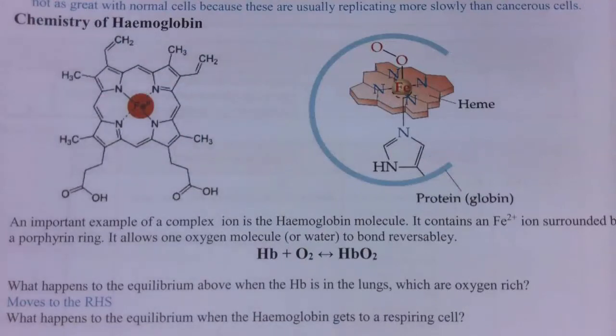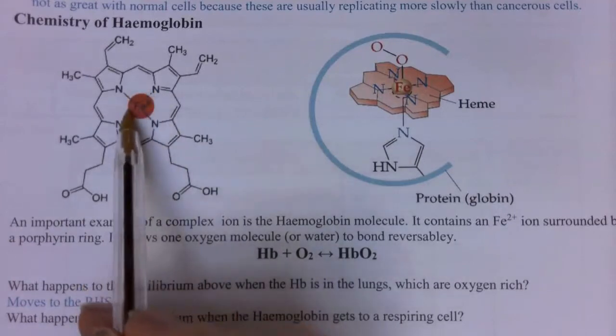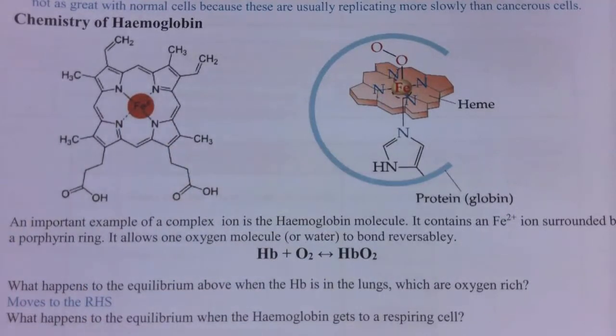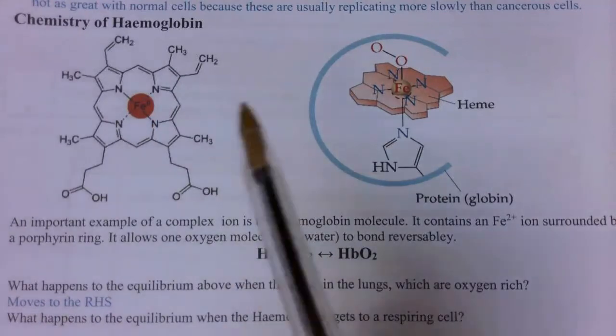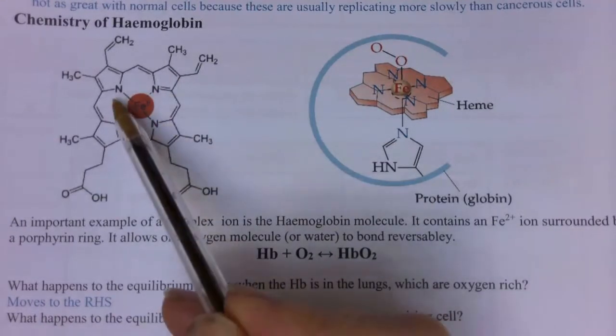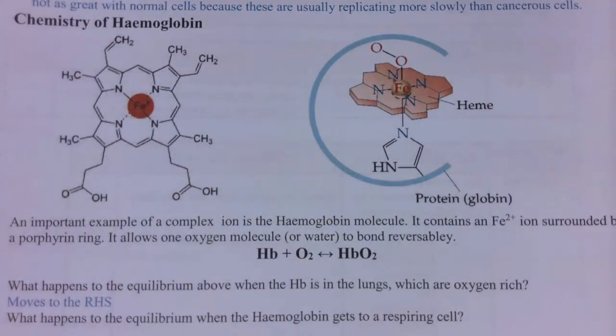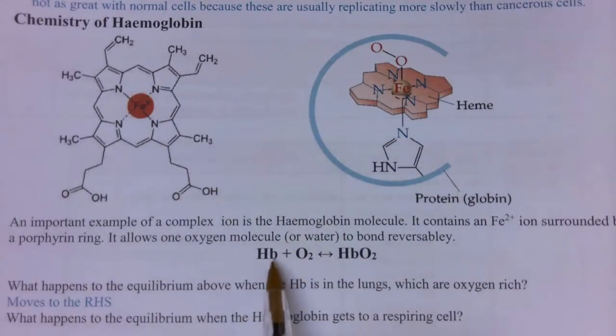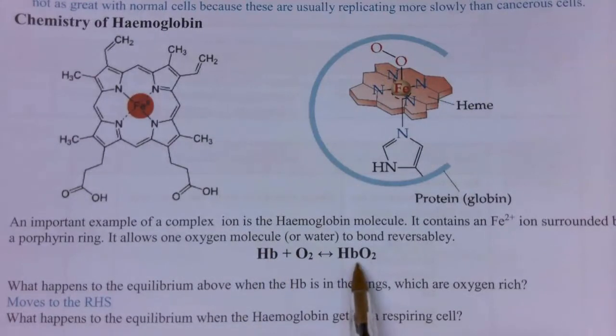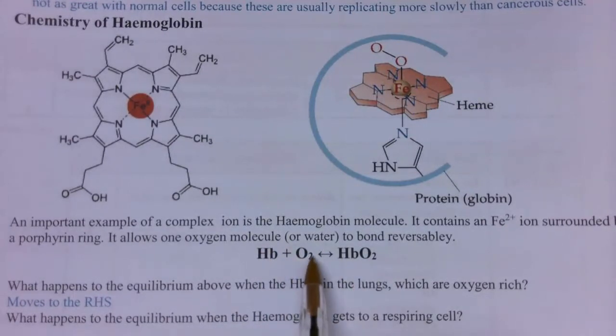The last complex ion we're going to have a look at is hemoglobin. And this is the complex ion with iron, and specifically the iron 2+ at its centre, and it's forming dative covalent bonds with the nitrogens of the heme molecule. Now, there are two states of the heme molecule, one without oxygen and one with oxygen. Obviously, where there are high concentrations of oxygen, for example in the lungs, this equilibrium position would be pushed forwards and the heme would accept the oxygen.